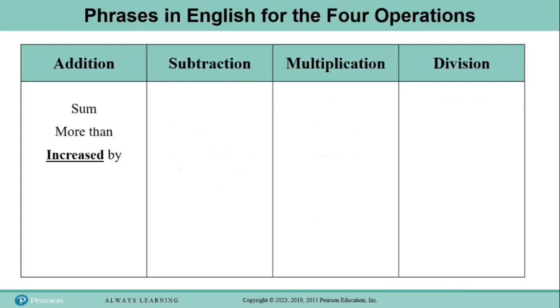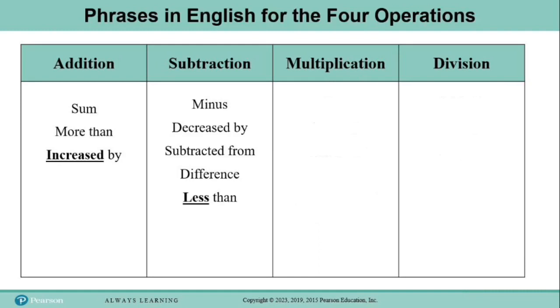And then to represent subtraction, you'll see words like minus, decreased by, subtracted from, difference, less than, or fewer than. For multiplication, you'll see things like times, product, 2/3. So not 2/3 specifically, but any fraction. 2/3 is just here to represent all the fractions.